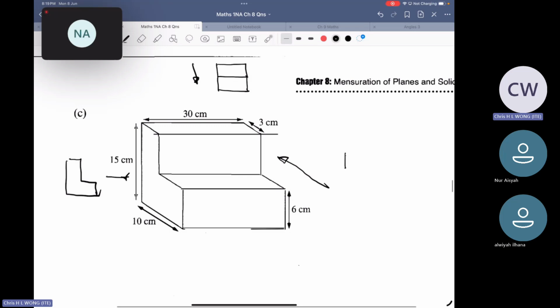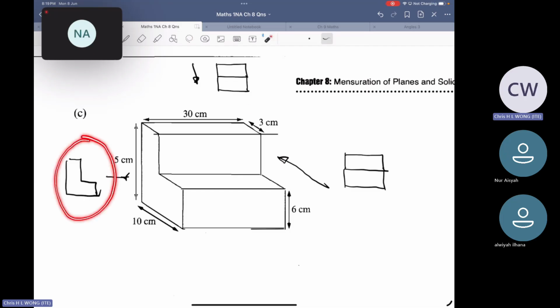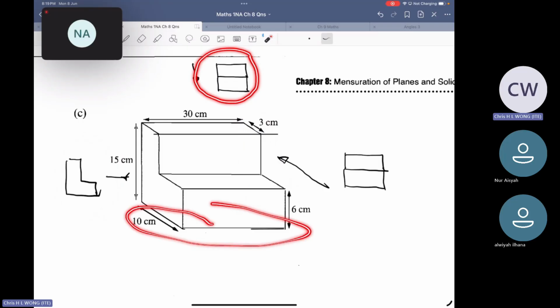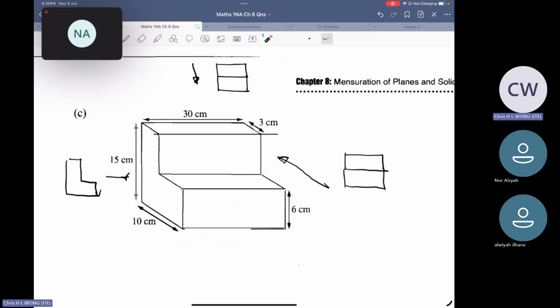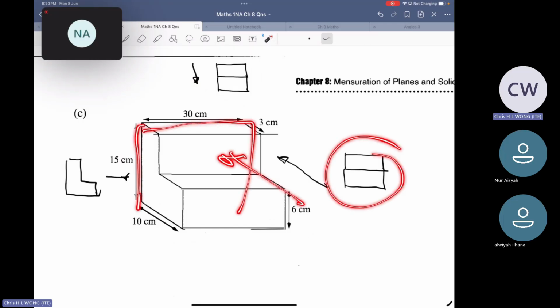Two rectangles. Three sides already, right? Do you agree with me? This one and this one is the same? Do you agree with me that this one and the bottom is the same? The front and the back is the same?